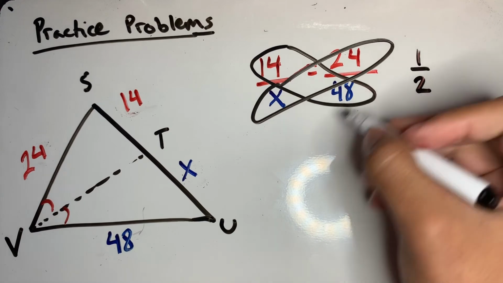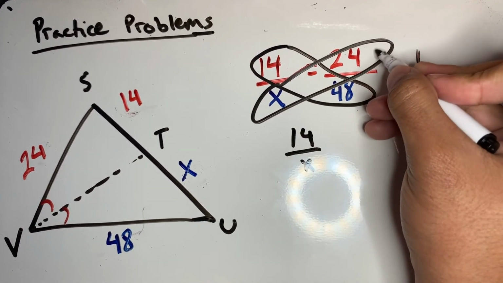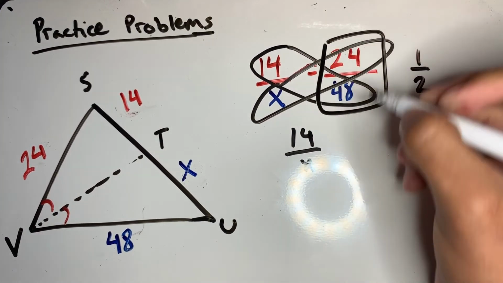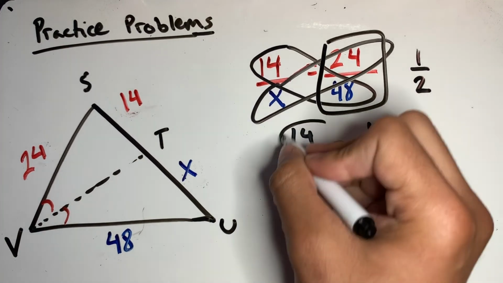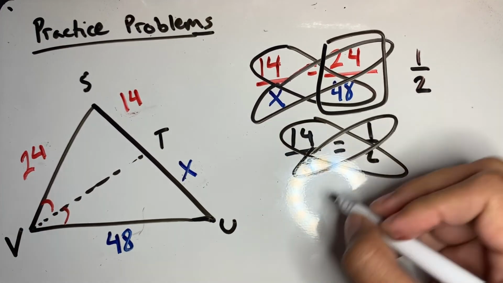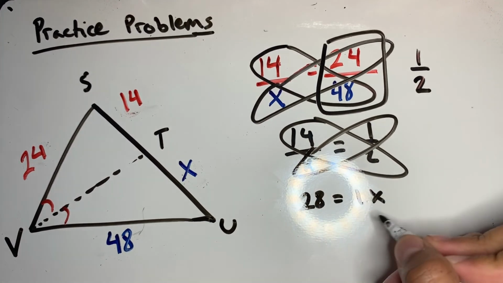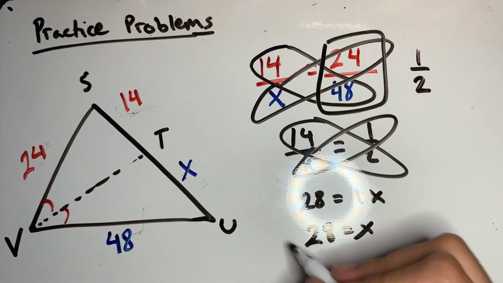So I'm going to do 14 over x, because I can simplify this whole part first, is equal to 1 over 2, and then I cross multiply. That's going to give me 28 is equal to 1x, or 28 equals x.